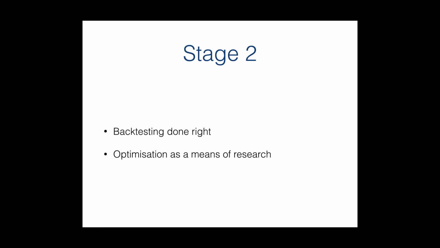And also we discuss optimization mostly as a means of research, rather than just finding a unique set of parameters that fits the past performance curve to the historical data. So we also learn how to avoid mistakes of over-optimization or curve fitting.